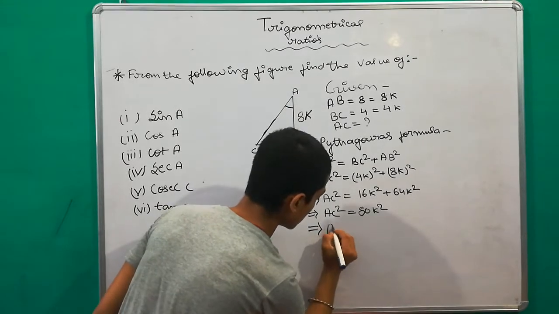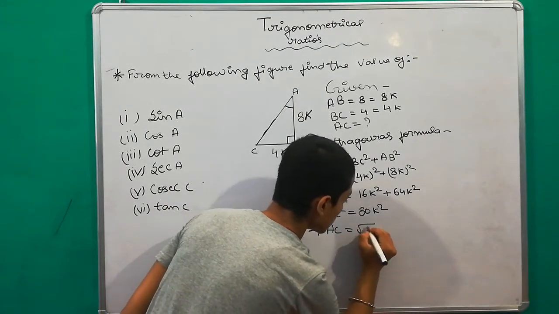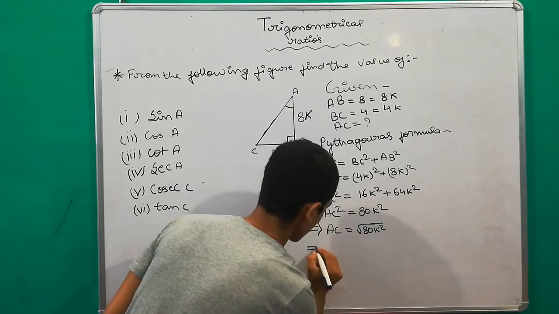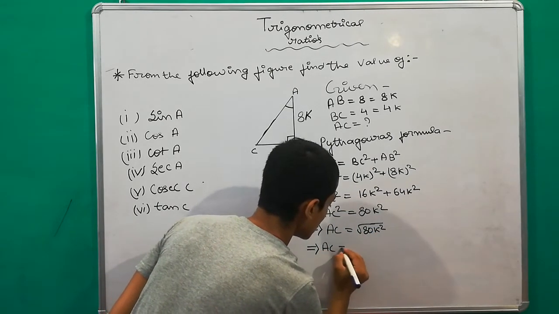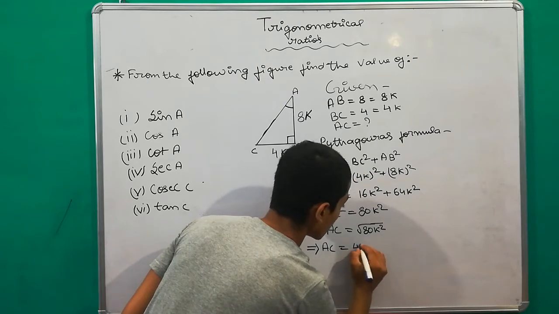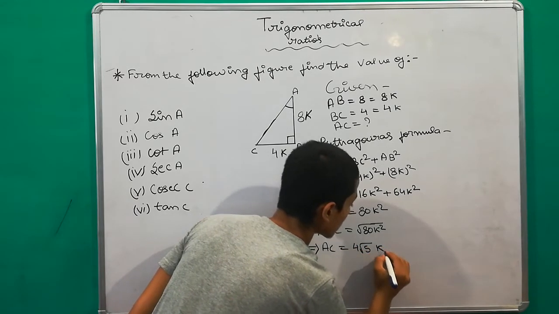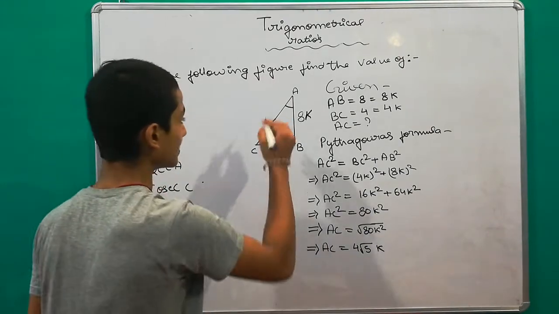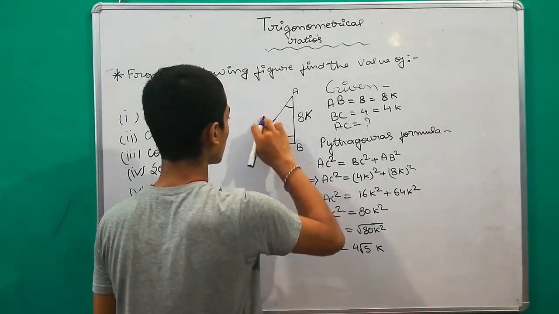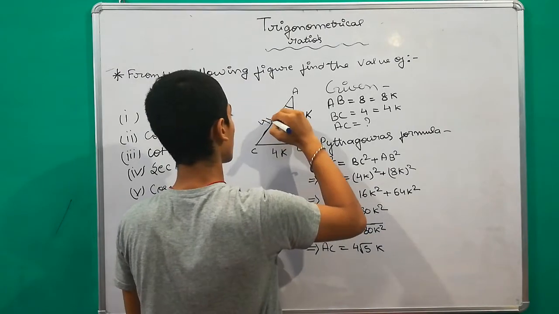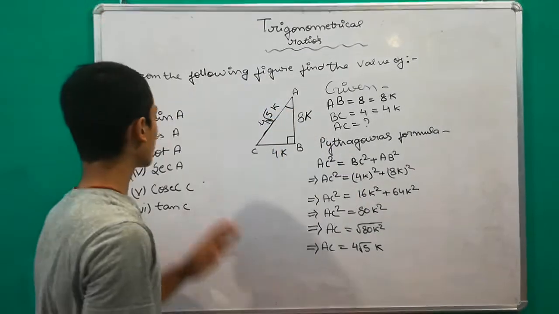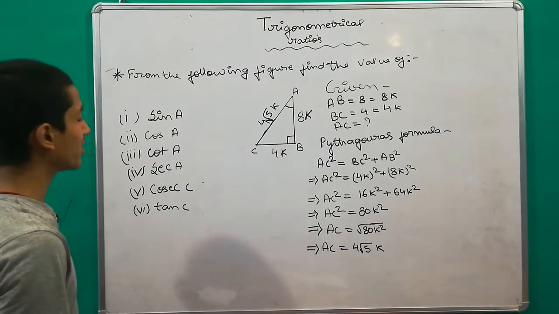This implies AC equals root under 80K square, which implies AC equals 4 root 5K. So friend, now we got AC equals 4 root 5K. Now friend, we can find all the trigonometrical ratios.